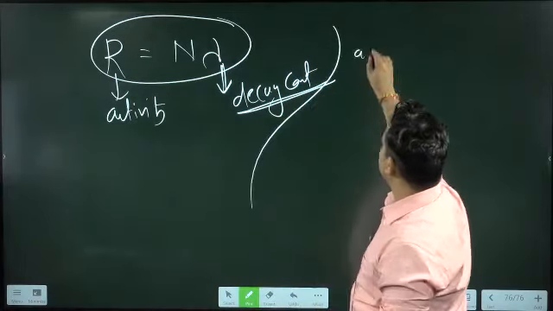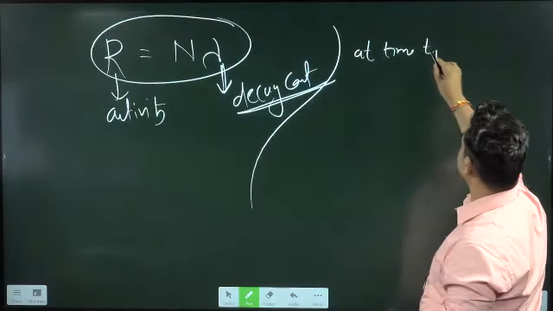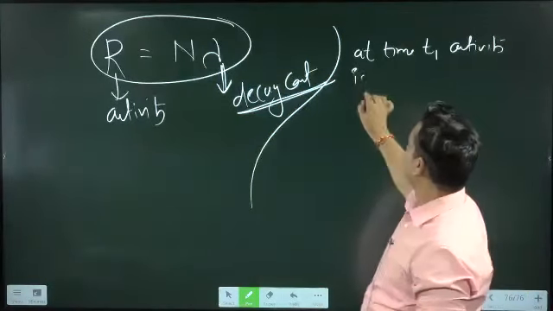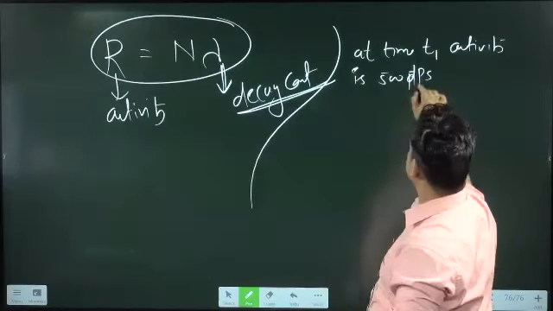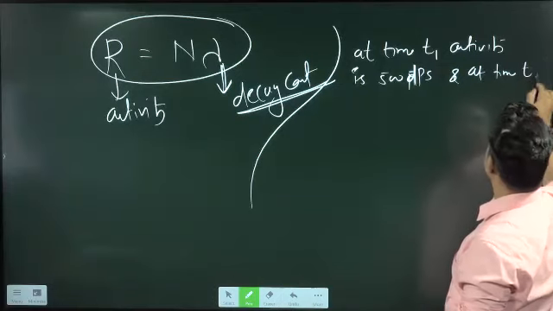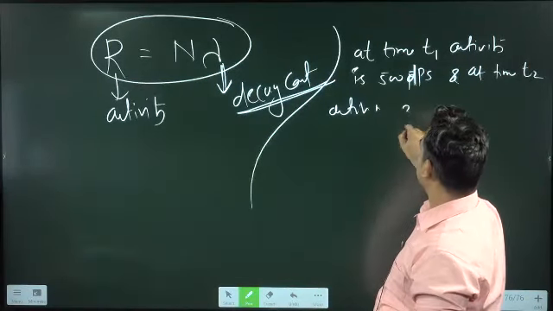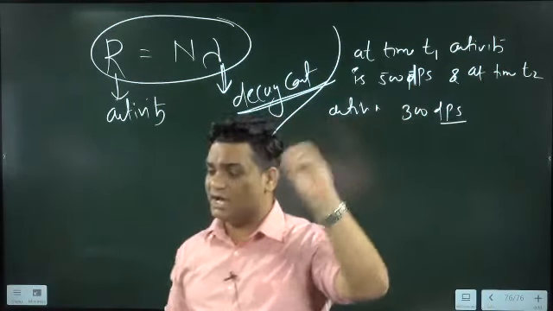They can say at time t1, activity is 500 dps, and at time t2, activity is 300 dps. They can use the words A1 and A2 also.